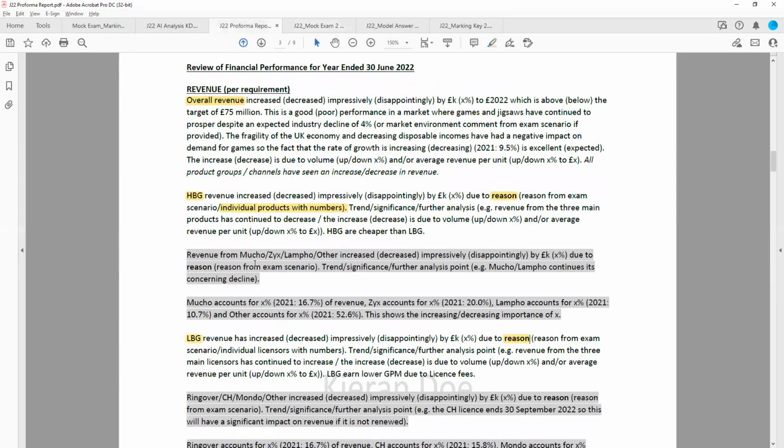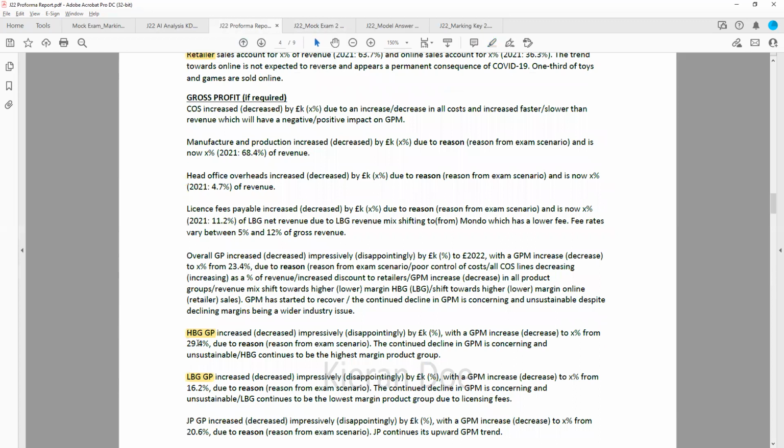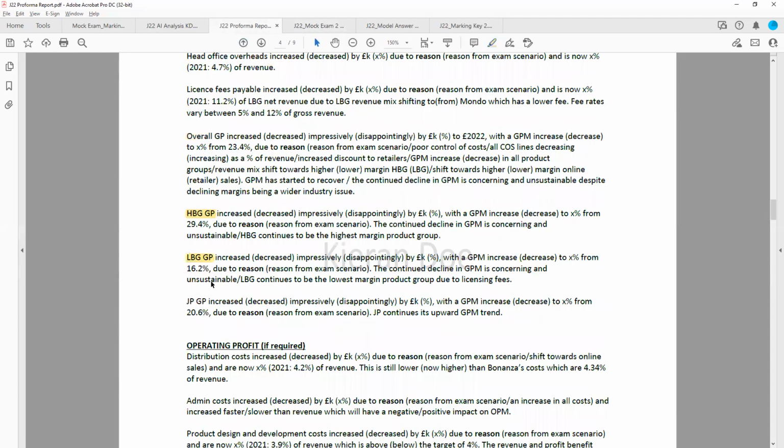So again, you can kind of see how you've got some reasons for each of the individual product groups why their individual gross profit margins may have gone down. There's the issue here, of course, so you could just jot there PZ, LBG.